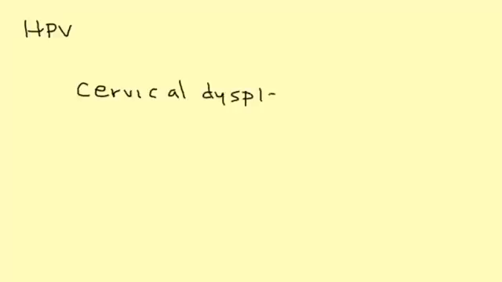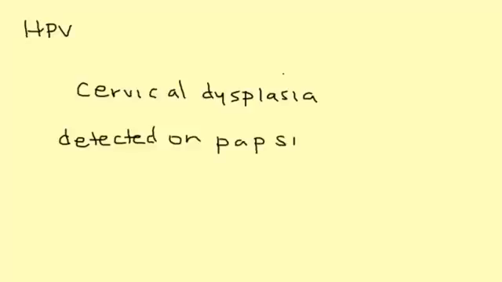And cervical dysplasia can be detected on a pap smear, and the characteristic finding that is very important to know is that you will see these cells known as koilocytes.